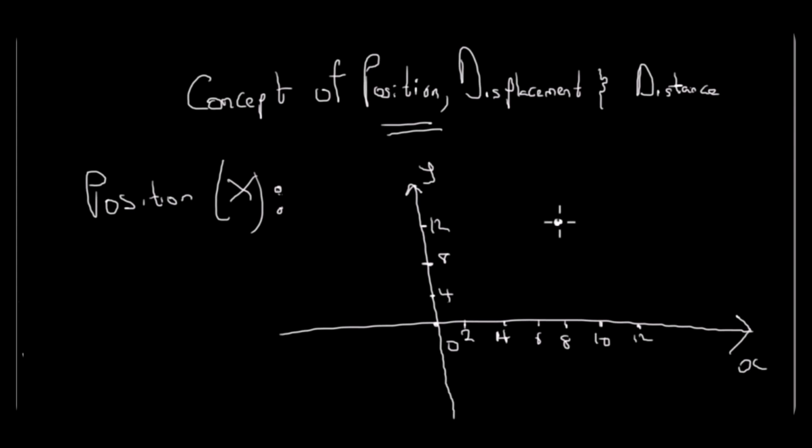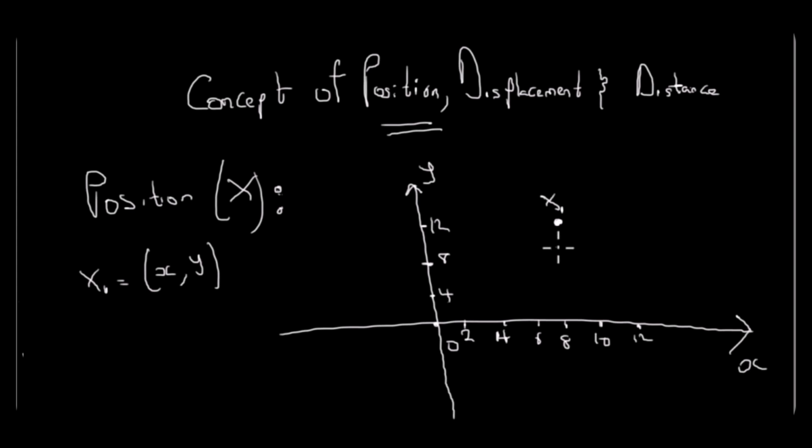Now, this particular object is located in a plane because it has an x coordinate and also a y coordinate. Let me call this x1. If I were to describe x1's location, I have to use something called an ordered pair. That is, I write where my point is on the x-axis, then where my point is on the y-axis.